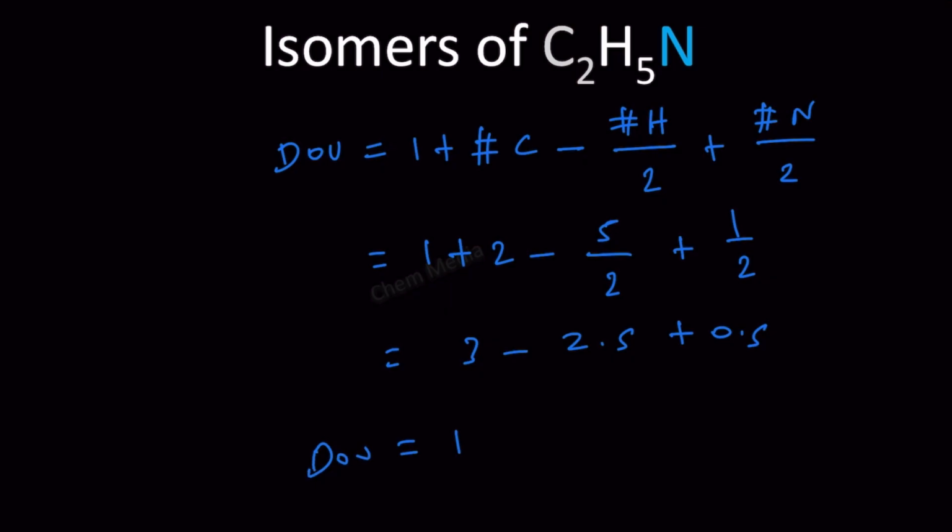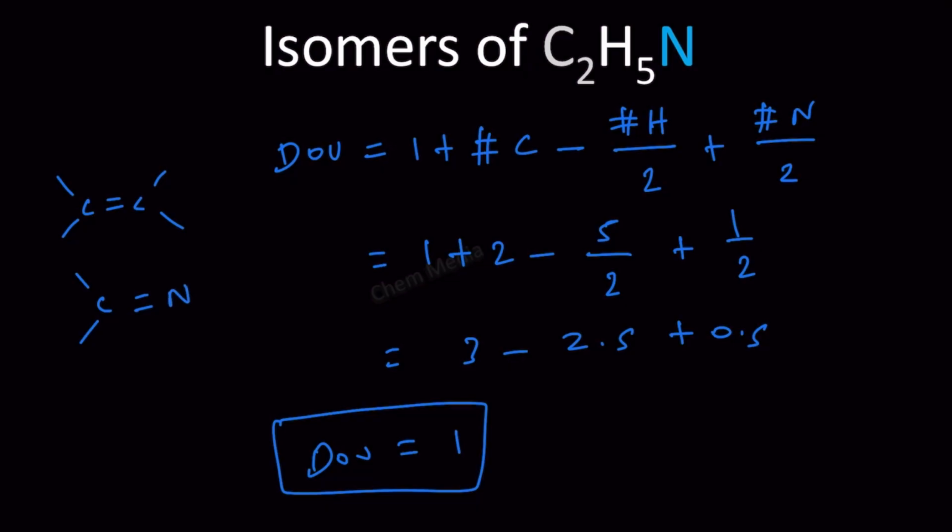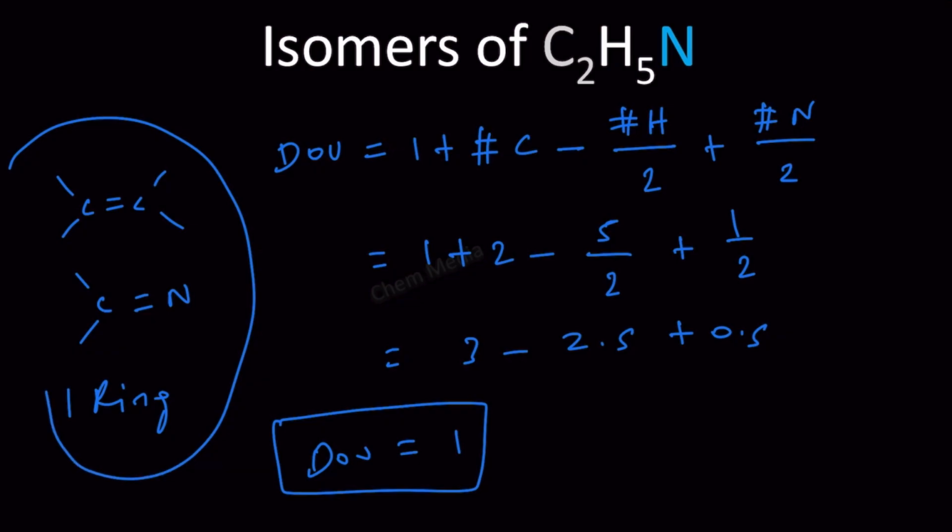So this means when we write structures we have to consider carbon-carbon double bonds, that is one possibility, or the structure can also have a carbon-nitrogen double bond, that is another possibility, or it can have one ring. All these three possibilities we need to consider when we write the isomers. So let's write the isomers one by one.